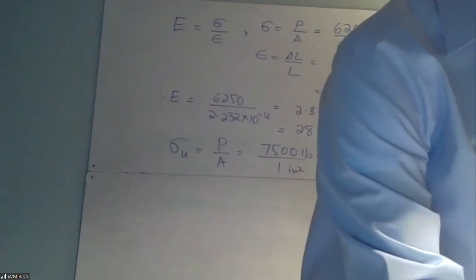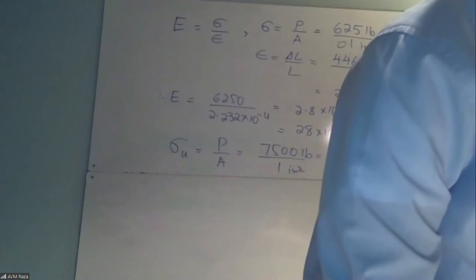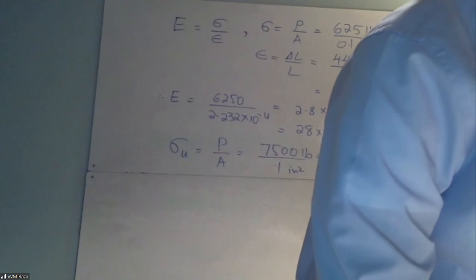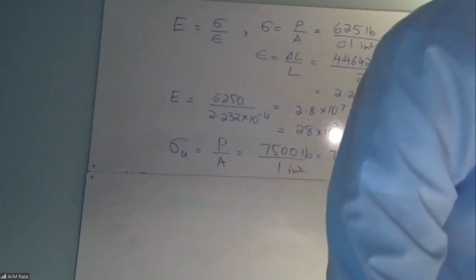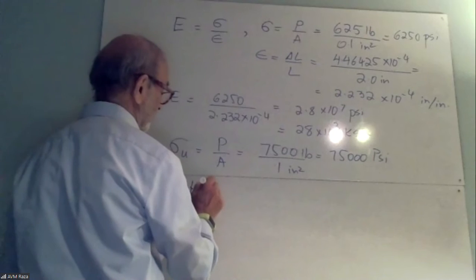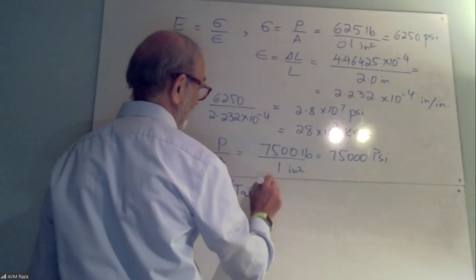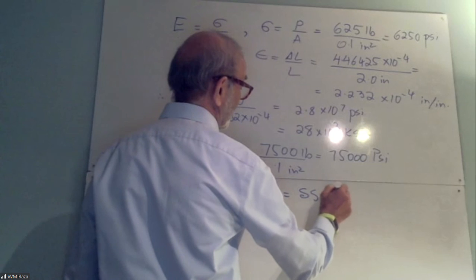If you look at the book on the table, you will find that E equal to 28 is actually only one of them, which is the 304 stainless steel alloy. And for that, you will also see that the ultimate strength is given as 75 KSI. This is what we found. So the answer is material type from the table is stainless steel 304.